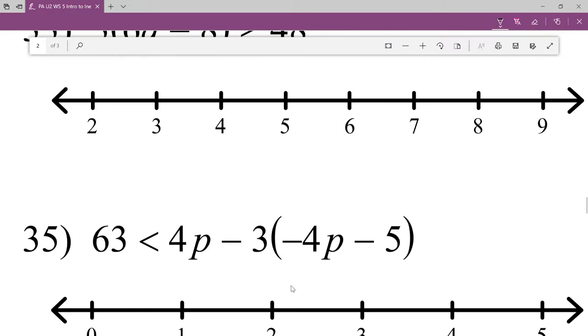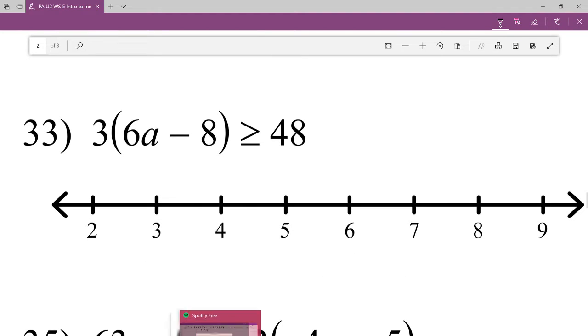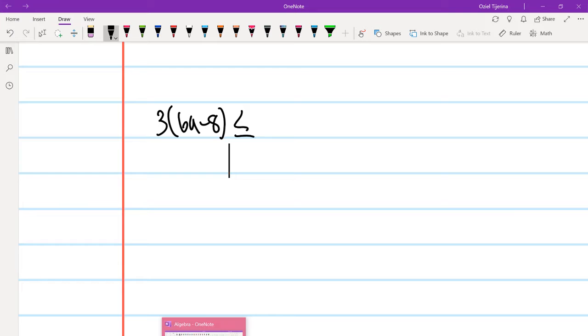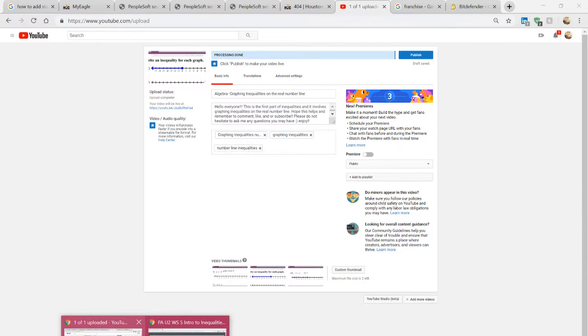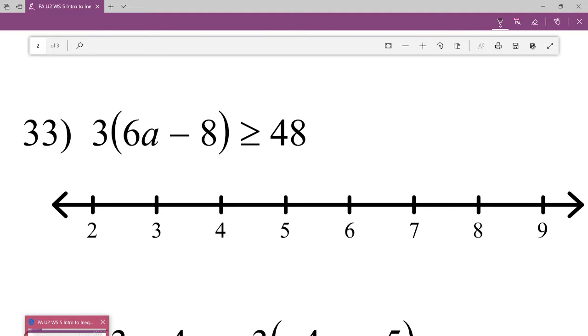And then this one we have 3 times 6a minus 8, my bad. So it's 3 times 6a minus 8 is greater than or equal to 48.